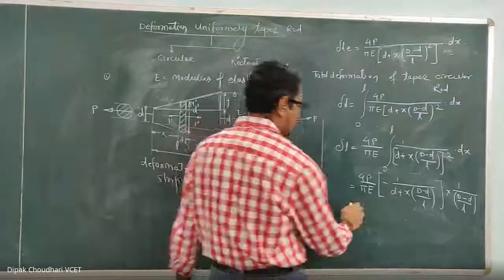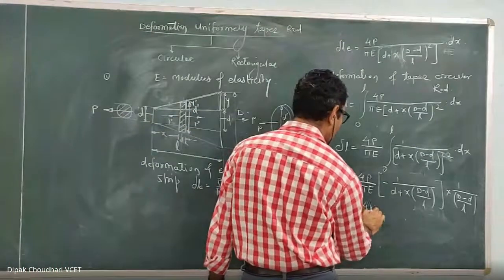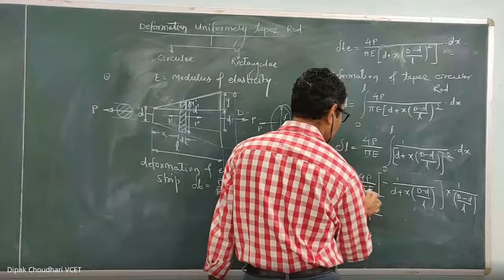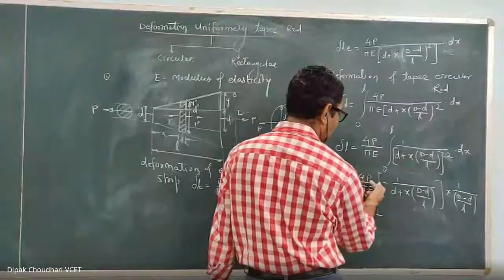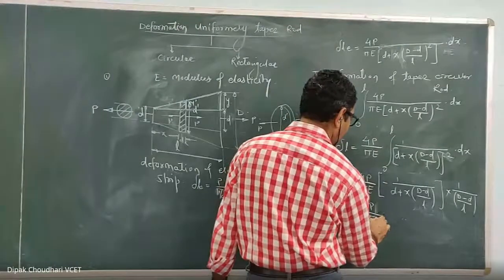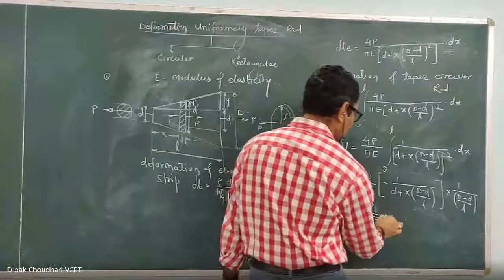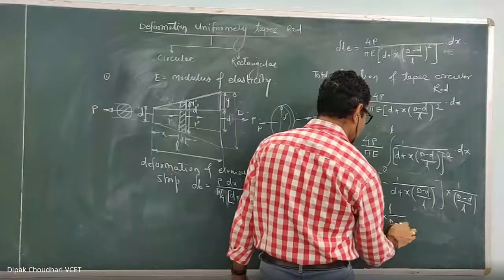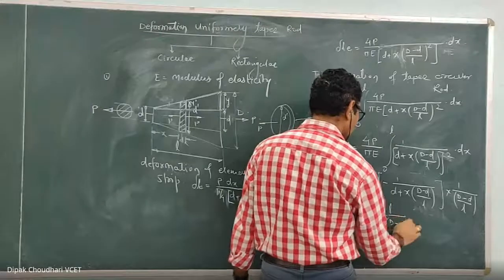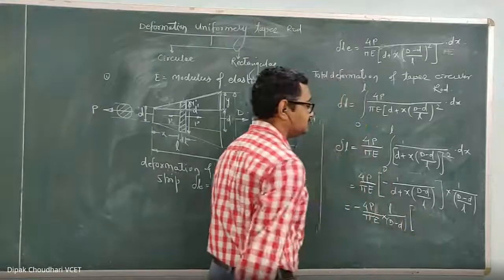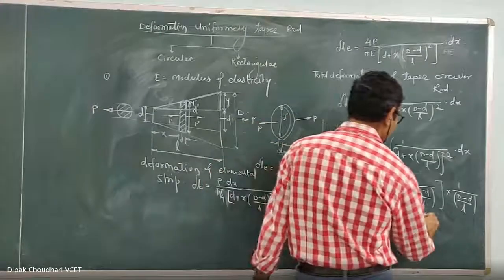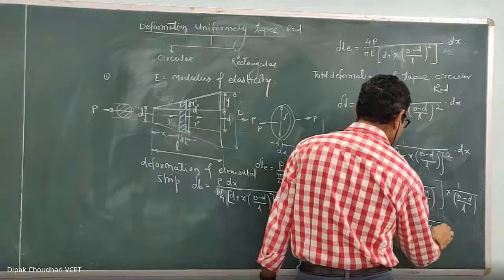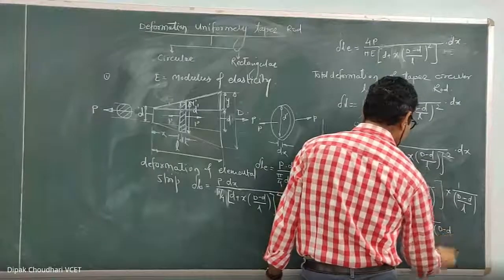Now, if I simplify this, this minus I am taking outside, so minus 4P upon pi E into this 1 upon this term, so it is L upon (D minus d) into, in bracket, 1 upon (d plus x into (D minus d upon L)).